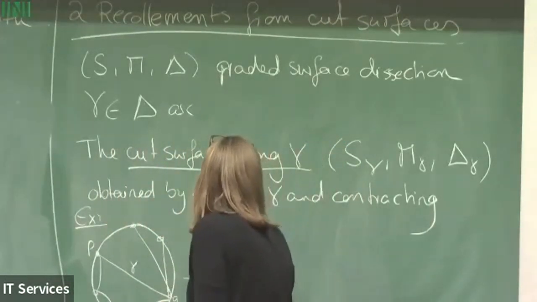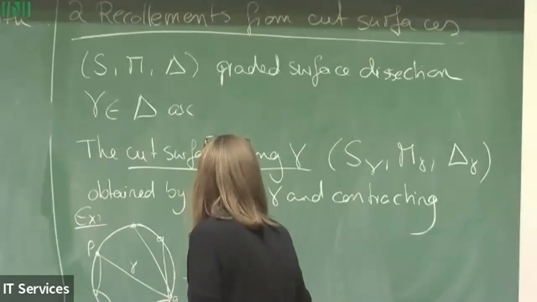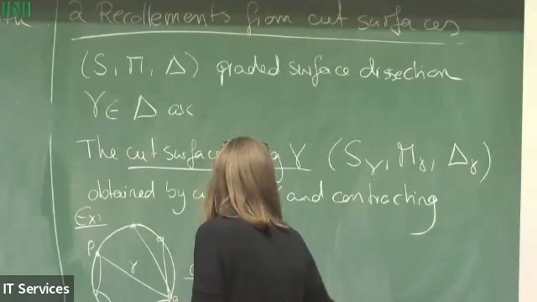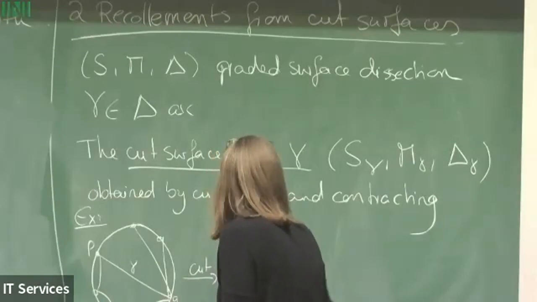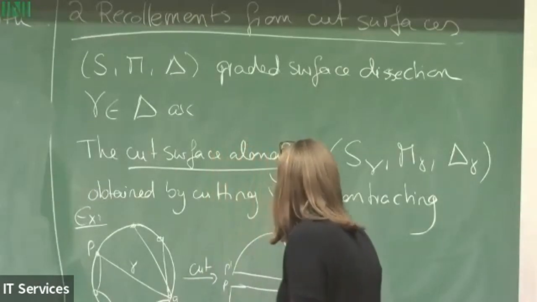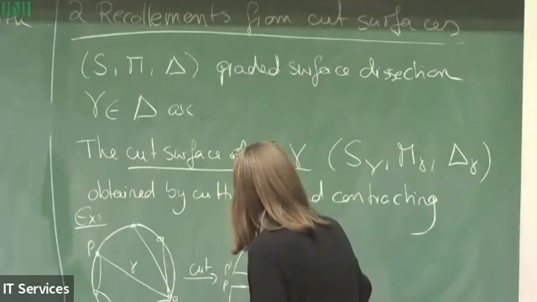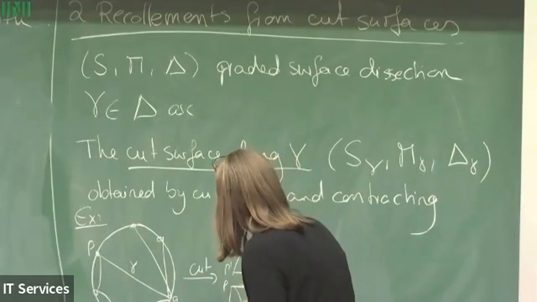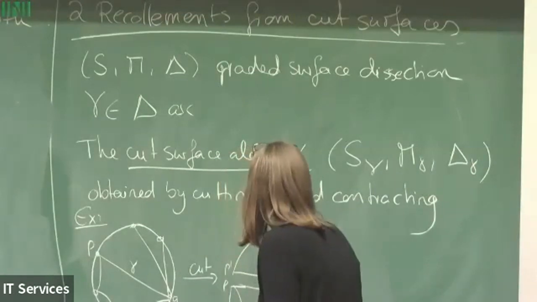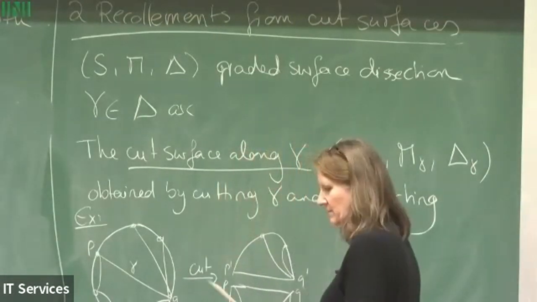Now we cut. This really cuts the surface into two. So also we get two points here. Okay, here we are. This is our cut surface.